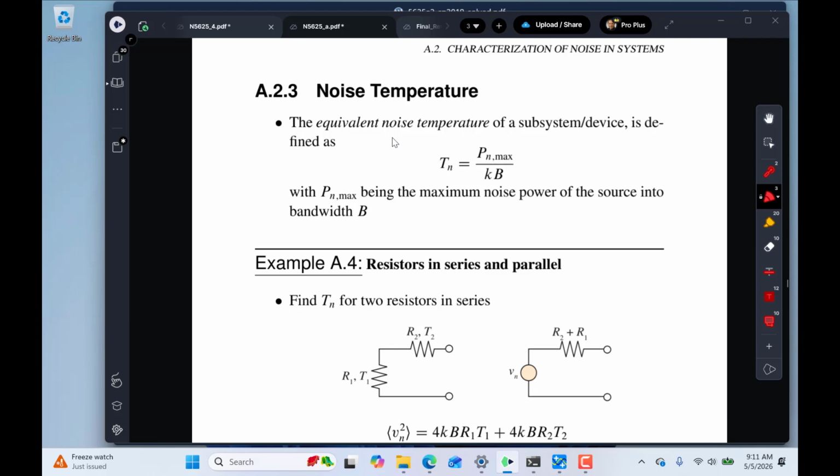I'm pointing that out because if a source is at like 400 degrees Kelvin, does that mean it's 400 degrees to touch? You're going to burn yourself on it? No, it just means that there's a bunch of excess noise associated with that device, and it looks as if it's hotter in a noise temperature sense.